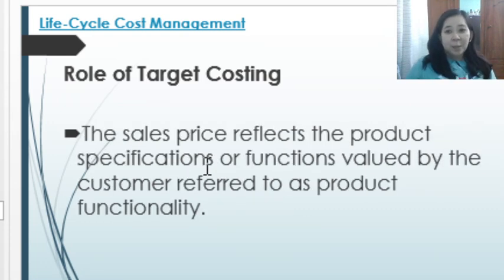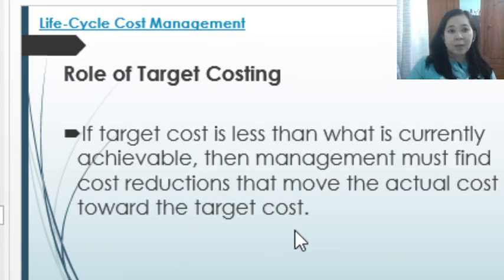Okay, so the sales price, of course, reflects the product specifications or the functions valued by the customers. This is what we mean by product functionality. If a target cost is less than what is currently achievable, then management must find cost reductions that will move the actual cost toward the target cost.